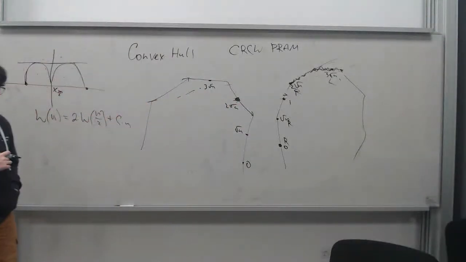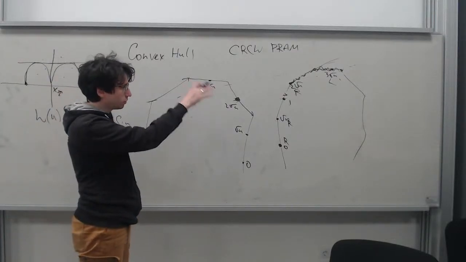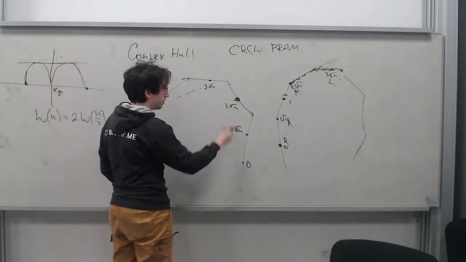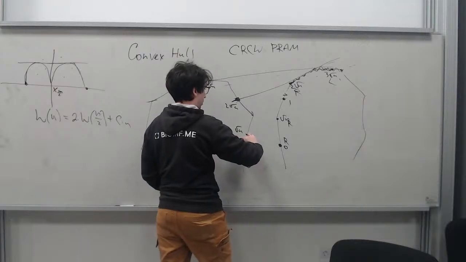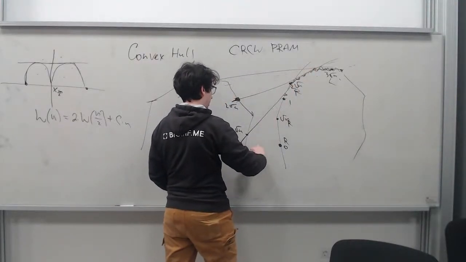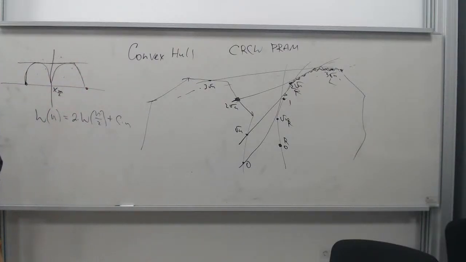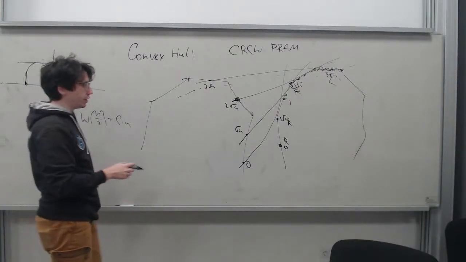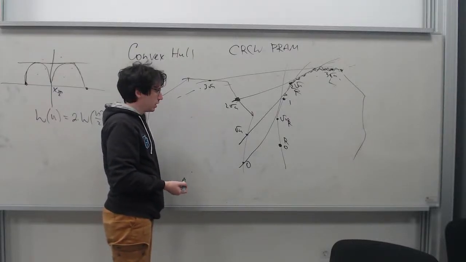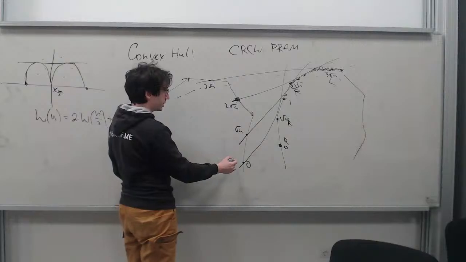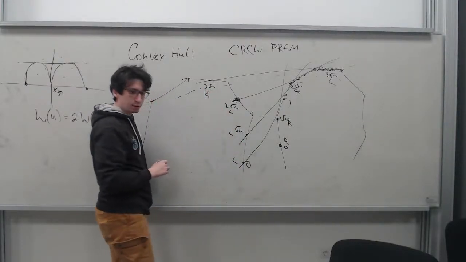For each of these nodes, I will find the tangent to the right hull. And for each of these, I can say again where the tangent is: it's either to the left or to the right. So for example, for this one the tangent is on the left, this one is on the left, and this one is to the right.